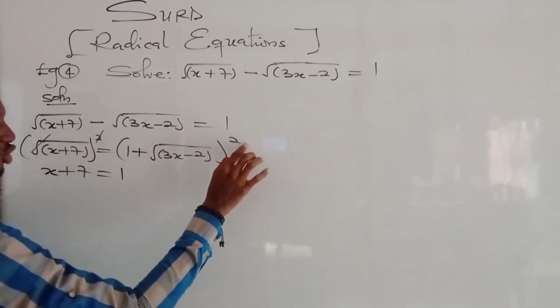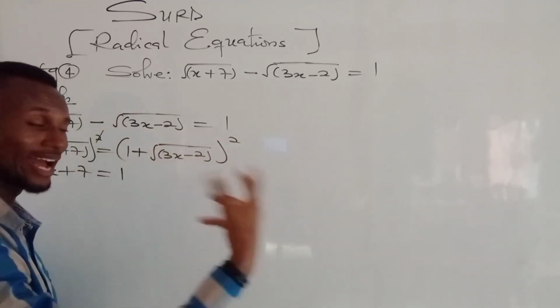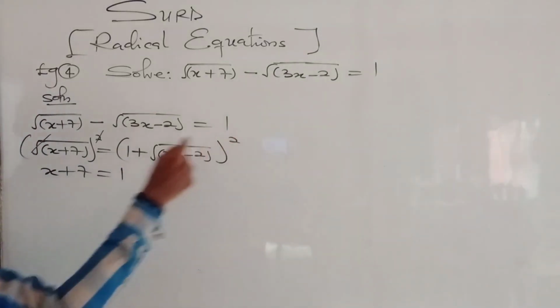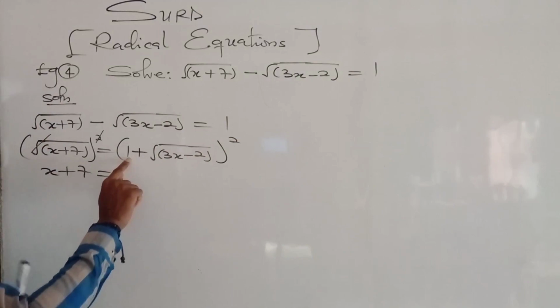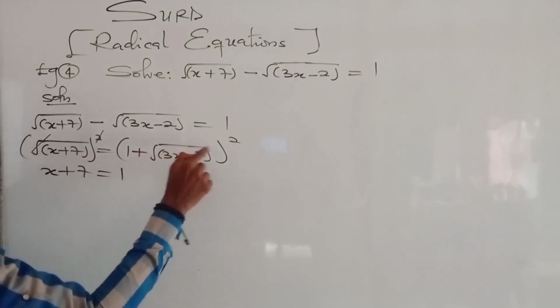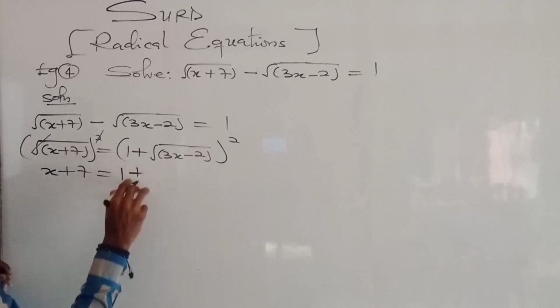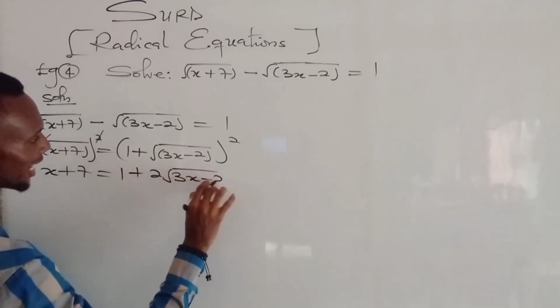And now the power 2 will multiply everything in the bracket. This power 2 will multiply the 1 here, so 2 times the 1 is 2, and that 2 will multiply the square root of 3s minus 2. And that will give you plus 2 root 3s minus 2.